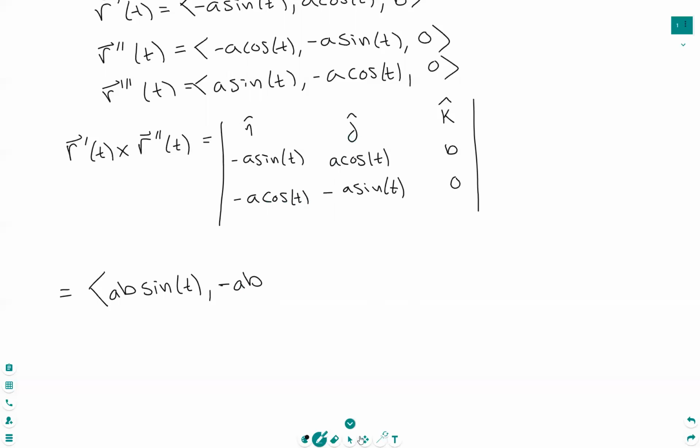We have to square this term here: a squared b squared sine squared of t plus an a squared b squared cosine squared of t, and then an a to the fourth. So again, we have the same coefficient out in front of the sine squared and cosine squared. So this term is just a squared b squared. And we can simplify that as a square root of a squared plus b squared.